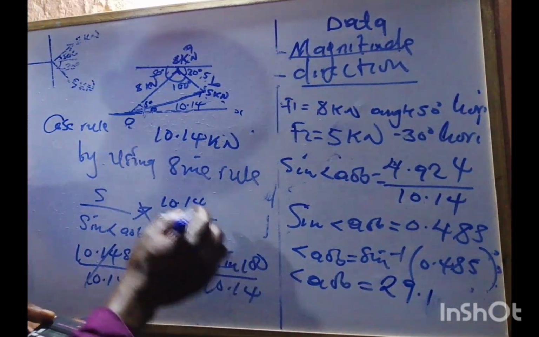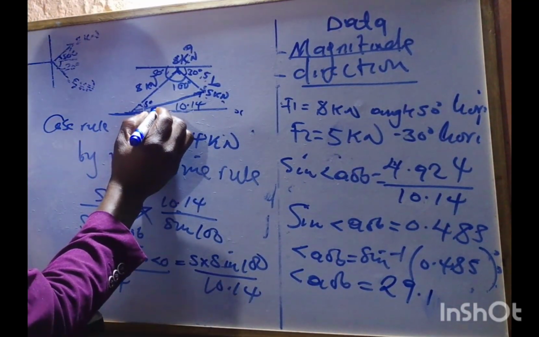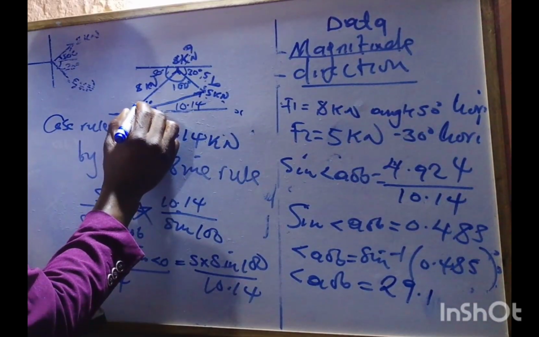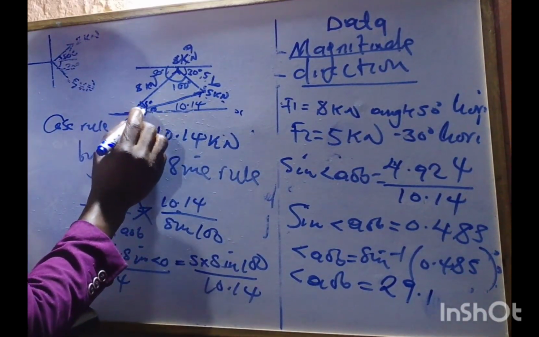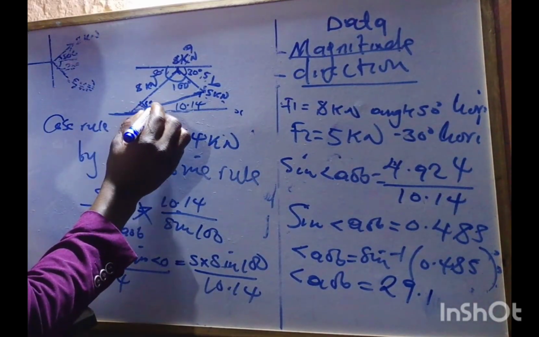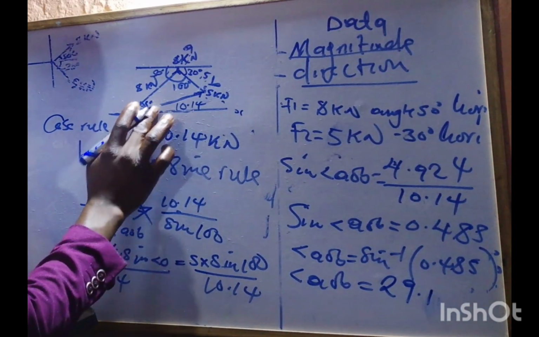So this is the angle. This angle O here is 50. So we have to find the angle which is at this here, which is phi.